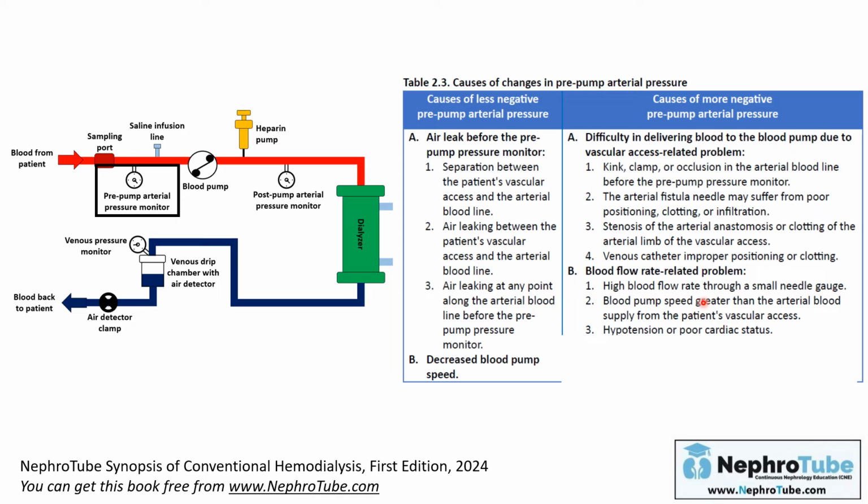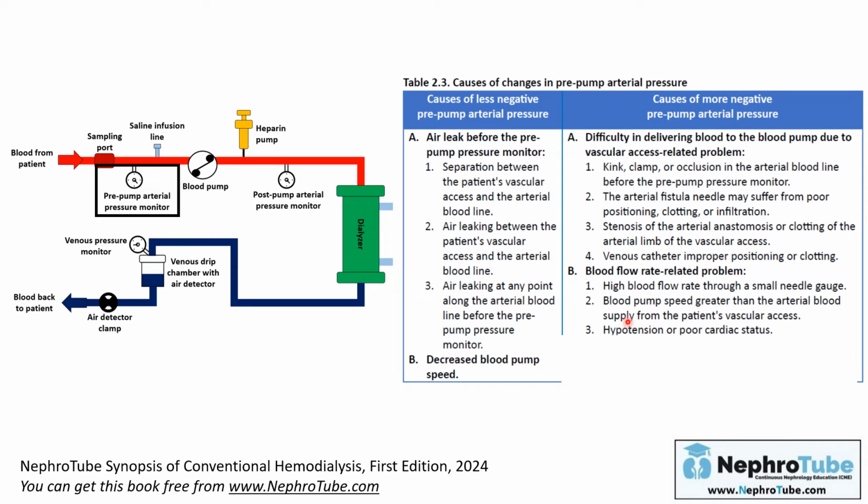In the coming lectures, we will talk about the vascular access, and about the different sizes of needles used and the accepted blood flow rate with each size. But if you are using a small needle size with a high blood flow rate, this will make a difficulty in delivering the blood from the vascular access, which will lead to a more negative pressure in this monitor.